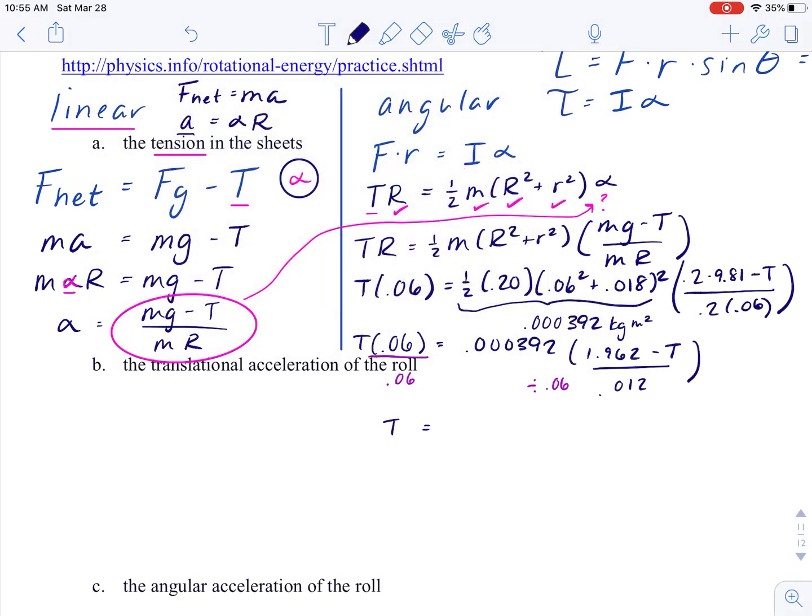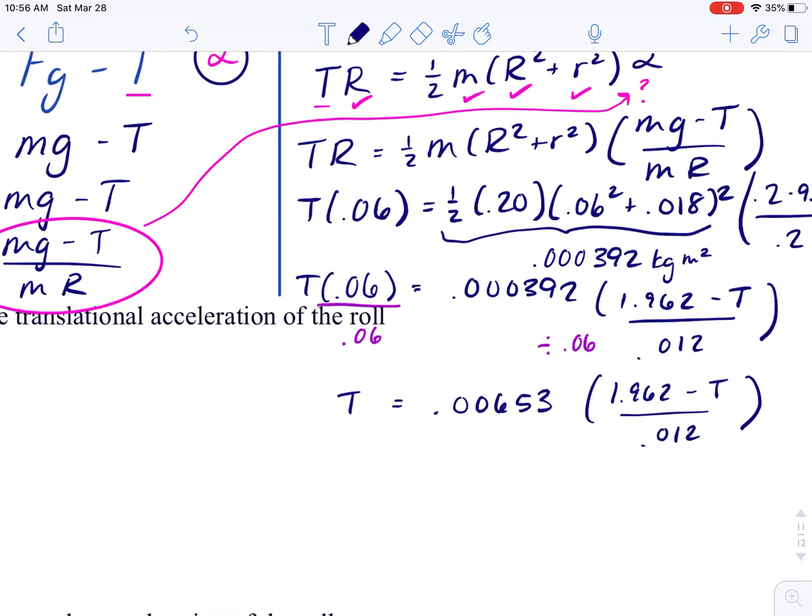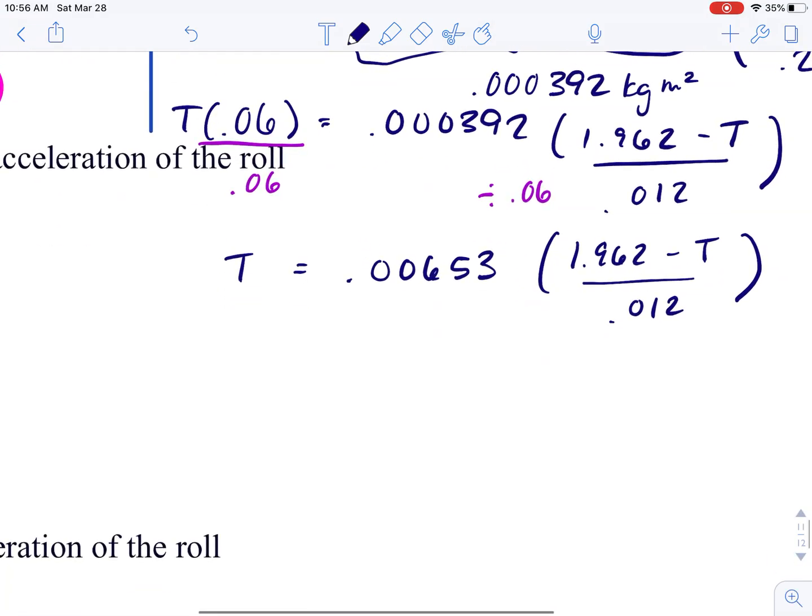When I did that, I got that t equals 0.00653, and then times 0.1962 minus t over 0.012. Okay, we're getting there. And then I multiplied both sides by 0.012 and distributed the 0.00653.